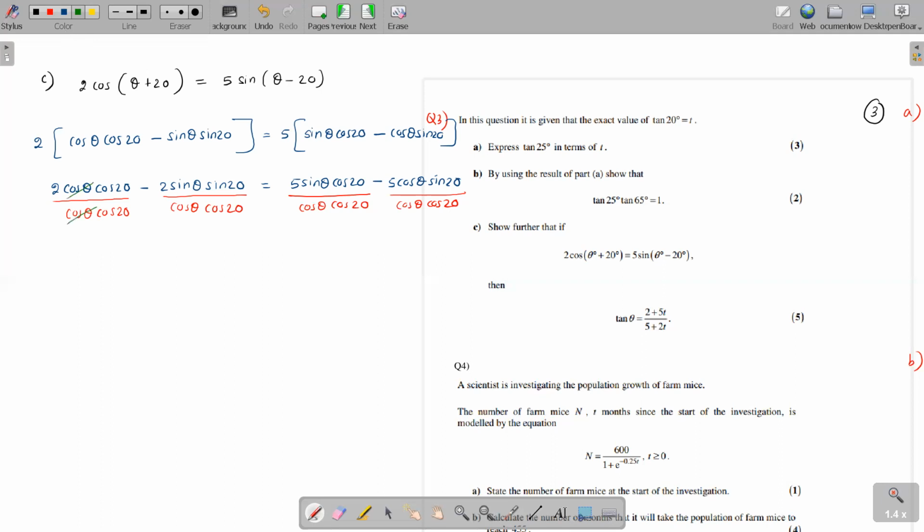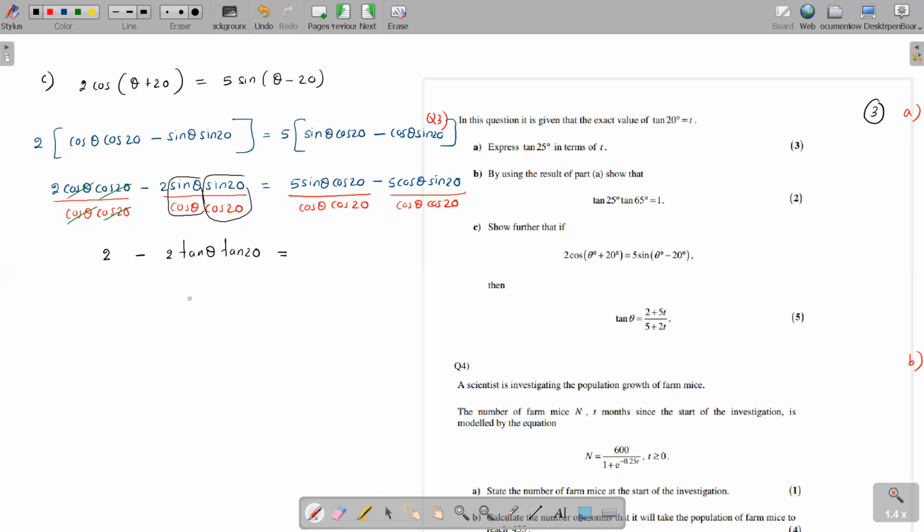So cos theta cancels, cos 20 cancels, and you remain simply with the 2. Minus, here you have sin theta over cos theta, which gives you tan theta, and sin 20 over cos 20 gives you tan 20. Can you see? I hope you guys are following me.